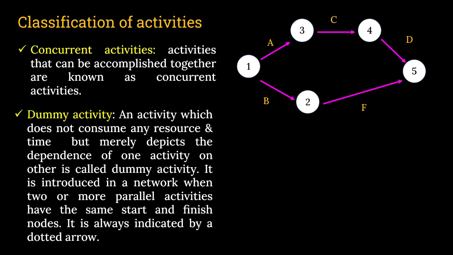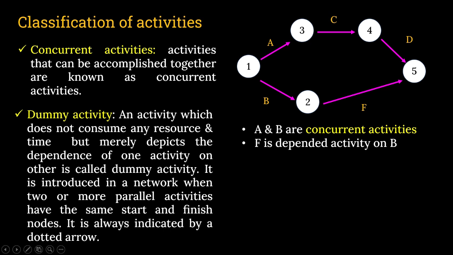This is a network. In this network, we are saying A and B are concurrent activities. That means they are starting from the same node at the same time. Activities that can be accomplished together are known as concurrent activities. Perfect.